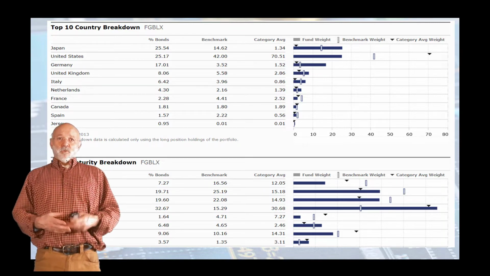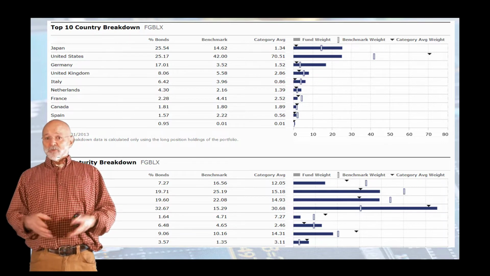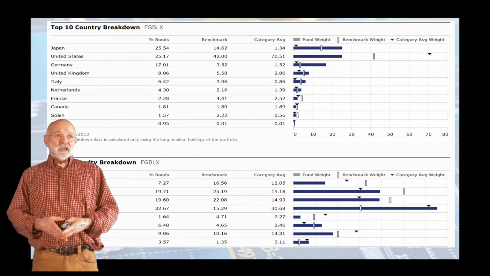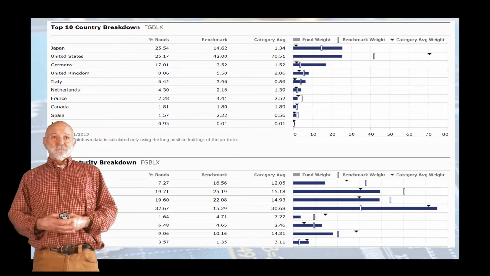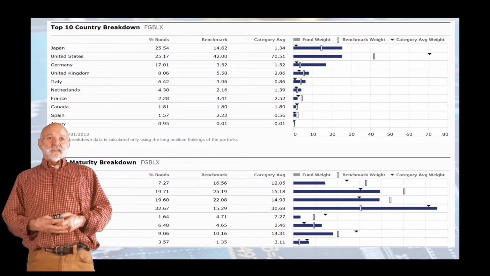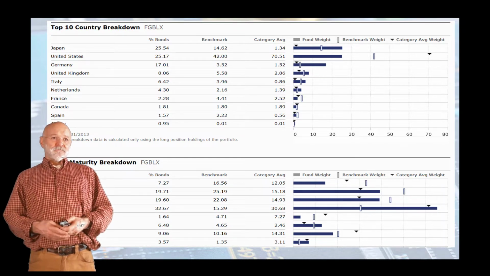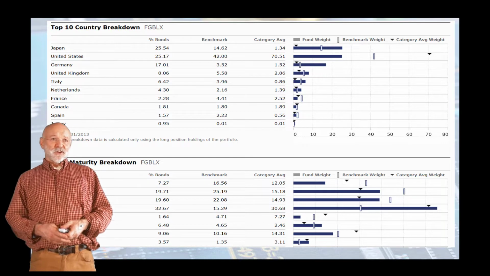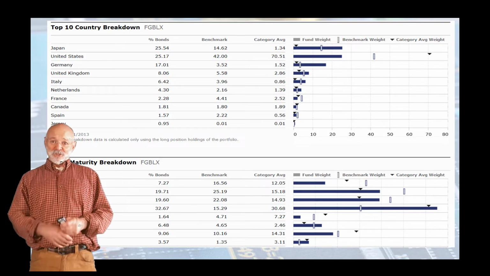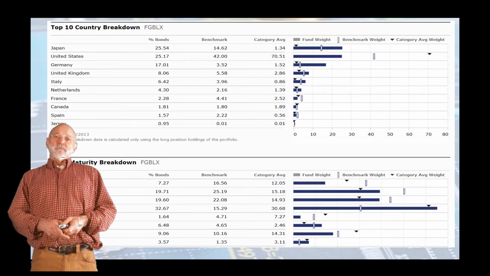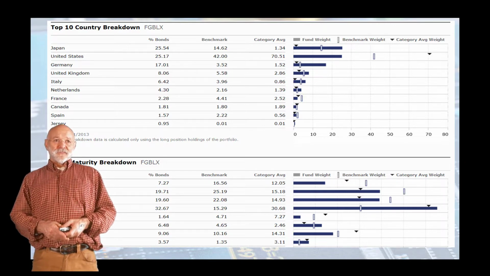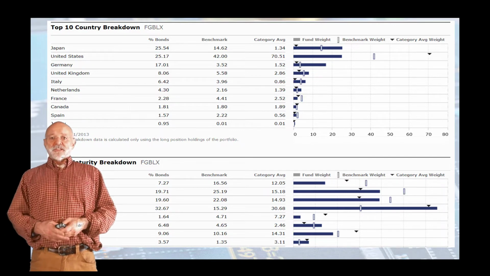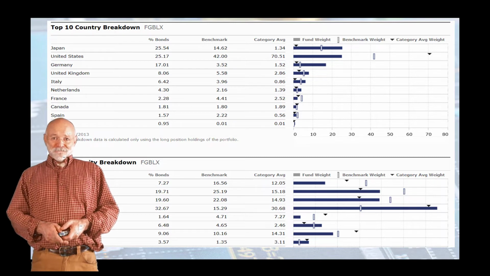And the weighting that they've actually achieved is shown by the solid bar. For Japan, for example, it looks like they've invested about 25% of their bond fund, and here we're just looking at bonds, compared to a benchmark of 14%. That means that they're significantly overweight on Japan.